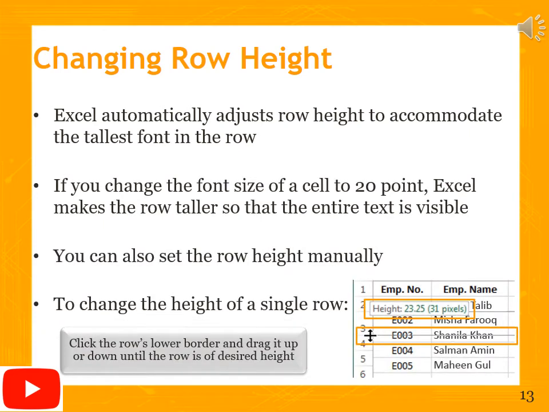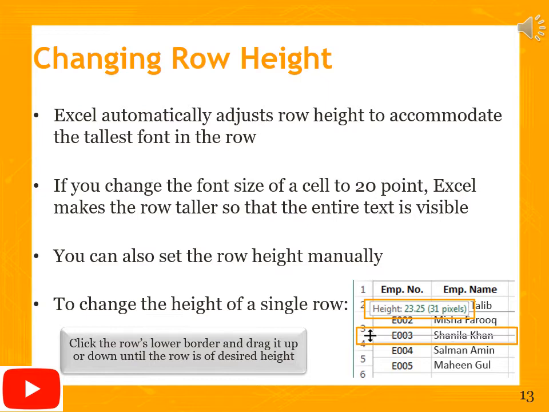Changing row height. Excel automatically adjusts row height to accommodate the tallest font in the row. If you change the font size of a cell to 20 points, Excel makes the row taller so that the entire text is visible. You can also set the row height manually.